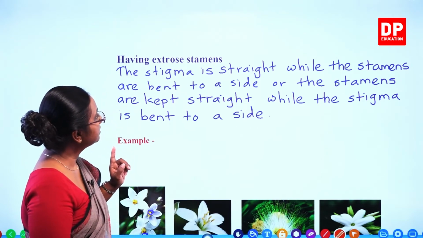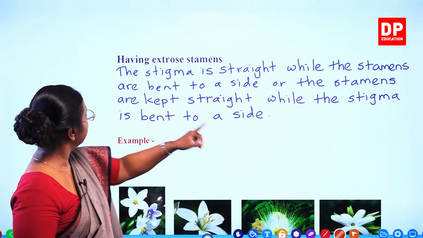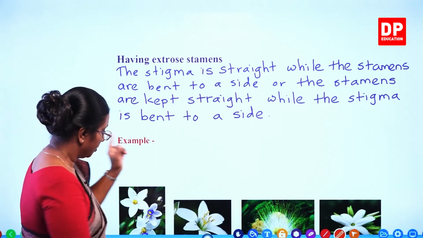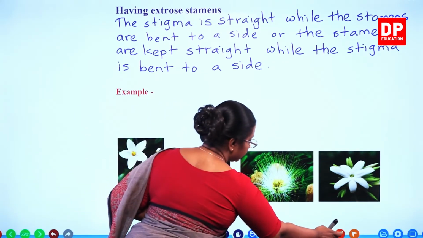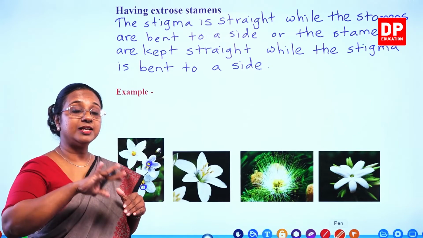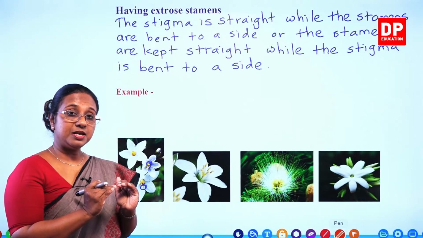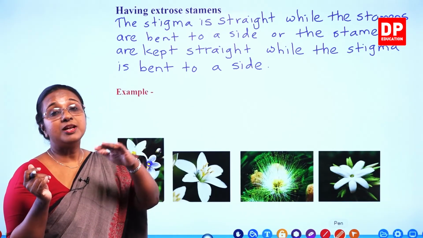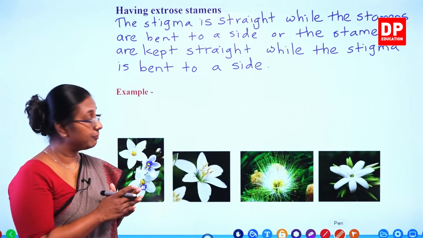That is what we call having extrose stamens. Then either the pollens will fall away, or if the stamen is short and the stigma is bent to a side, then also the pollens cannot reach the stigma. So again, it prevents self-pollination.